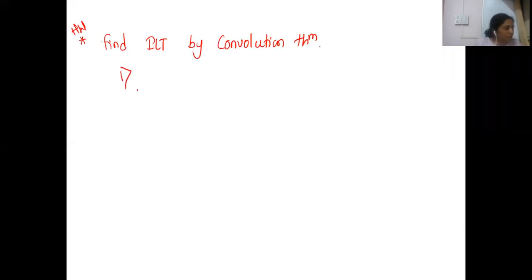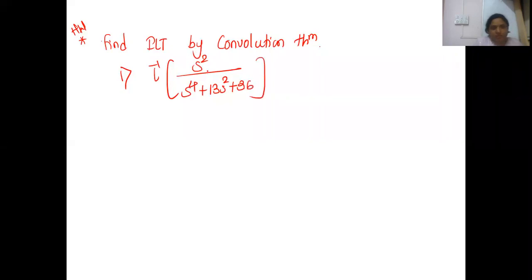So the first question you will write here: Laplace inverse of s square upon s raised to 4 plus 13 s square plus 36. This is the same, but here it is s square. So both will have s, and what will both terms be? Cos. Cos. Right. Correct.